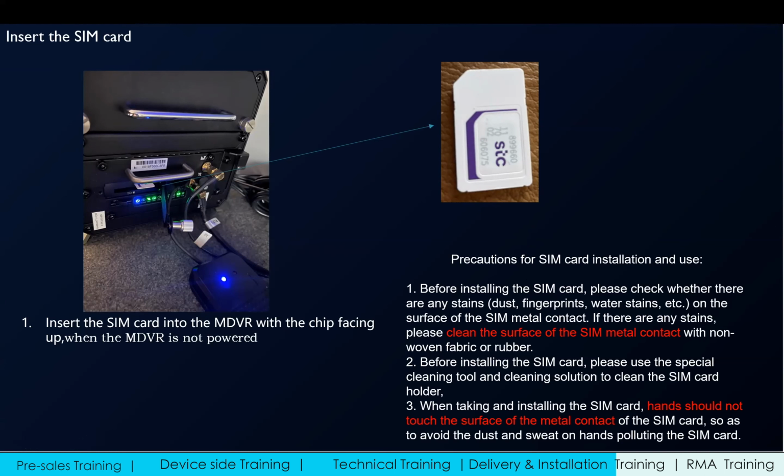Before you insert, the MDVR should be powered off. It is not suggested to insert while the MDVR is on, because it is not good for the 4G module. If you install the SIM card while the MDVR is powered on, it will take a long time to detect the SIM card.